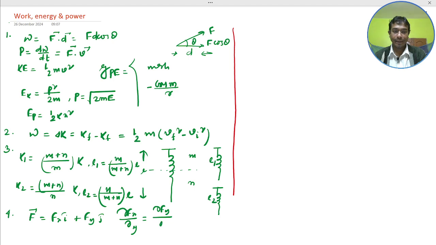So for a conservative force, as you go through in your BSc course, curl F equals 0. This is written in this form.